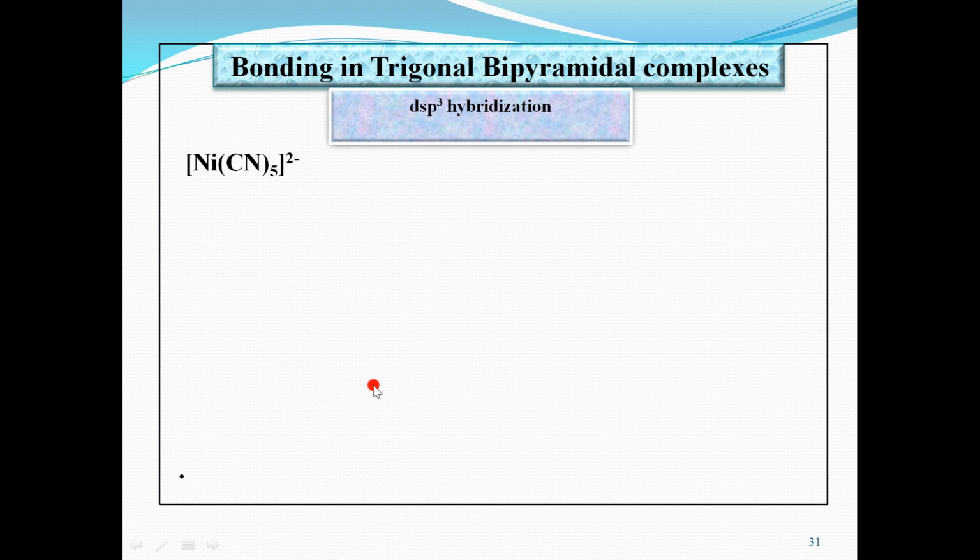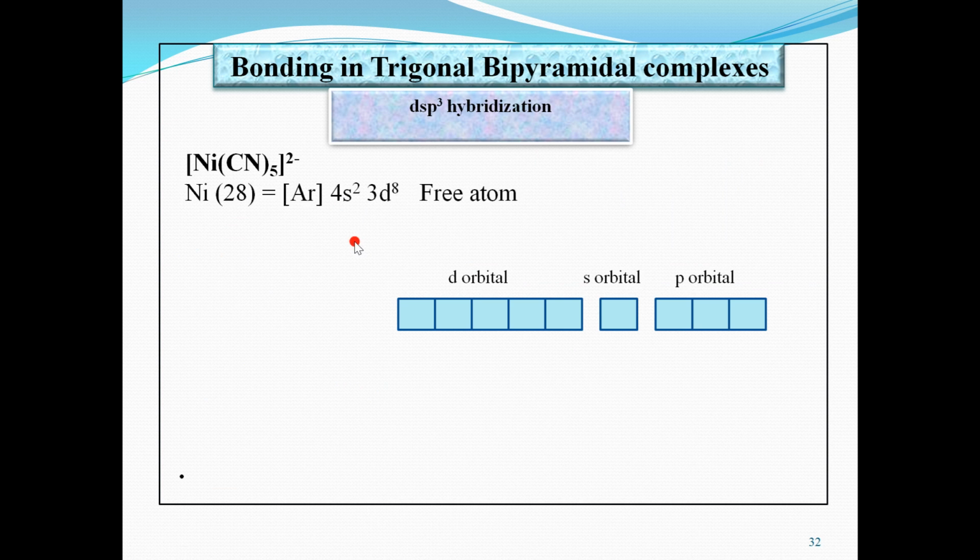The next example is trigonal bipyramidal, and again nickel having atomic number 28, configuration 4s2 3d8, and we see the nickel having the particular charge. So here we have 8 electrons, and the Ni3+ ion, by losing 3 electrons from nickel, ultimately Ni3+ ion is formed. So there are 7 electrons. We can fill the 7 electrons likewise in the d orbitals.